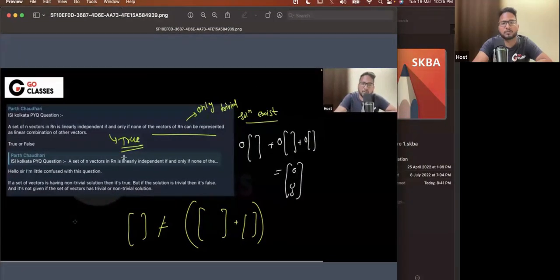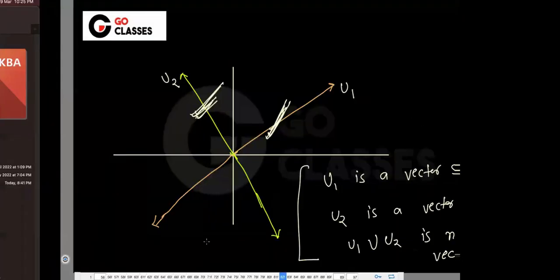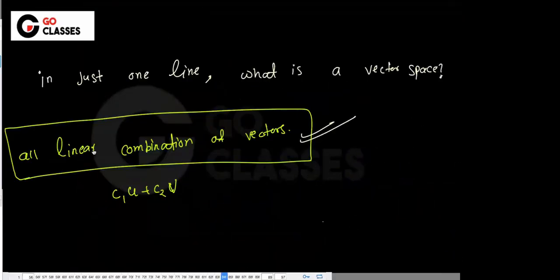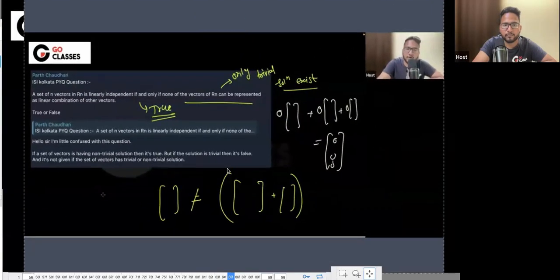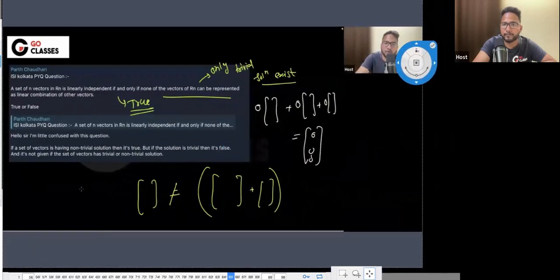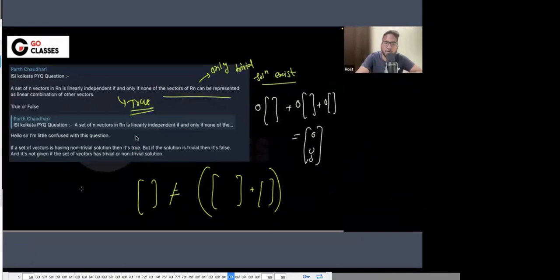So the statement says a set of vectors is linearly independent if and only if none of the vectors can be represented as a linear combination of the other vectors, right?